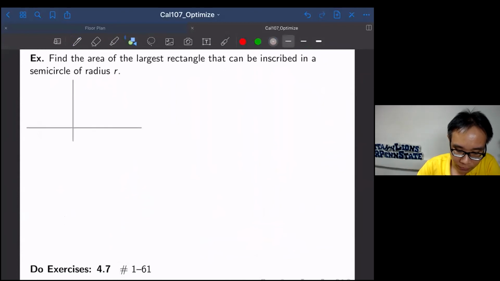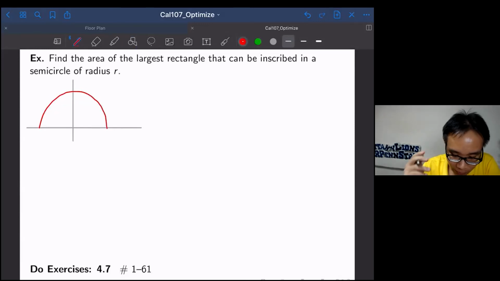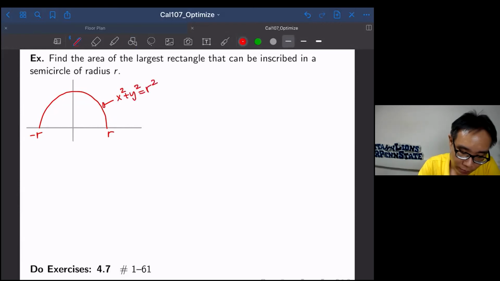You have x and y, and you get a semicircle like this, a semicircle of radius r. If you recall, this is x squared plus y squared equals r squared, but in this case you have y positive.